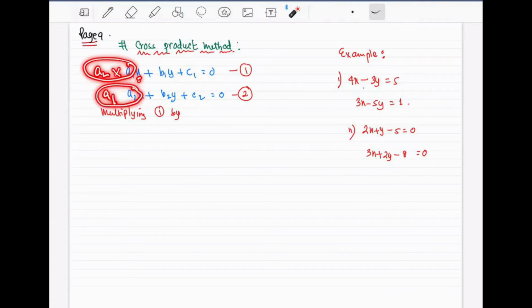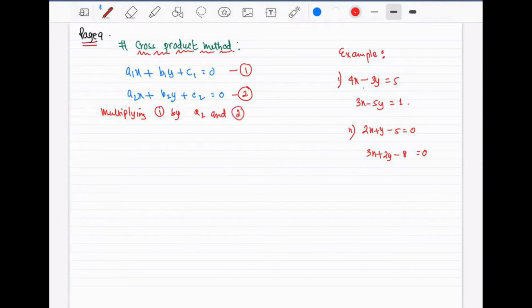And then we can eliminate them just by subtracting. So we are multiplying equation 1 by a2 and equation 2 by a1, and we are subtracting them. Let's see what we obtain.